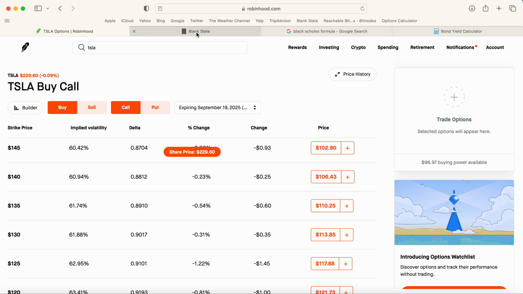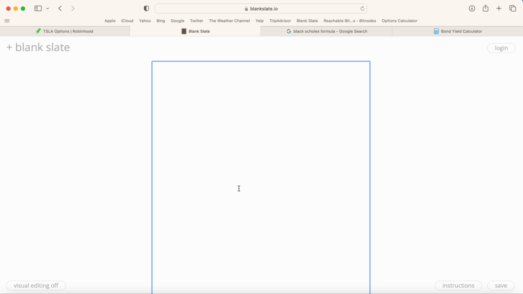So how this exercise is going to look will be something like this. You go in the market and you buy 100 shares of Tesla. So for that, you're going to spend approximately $22,900 at today's value.